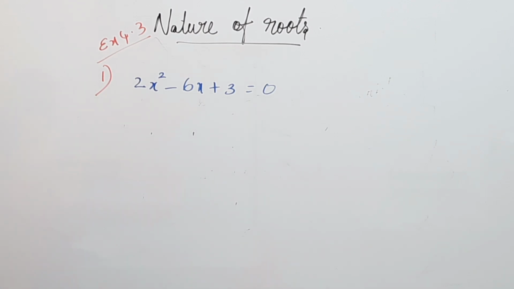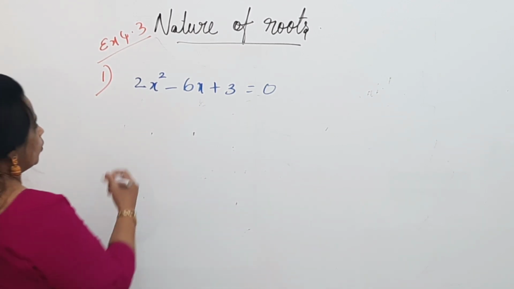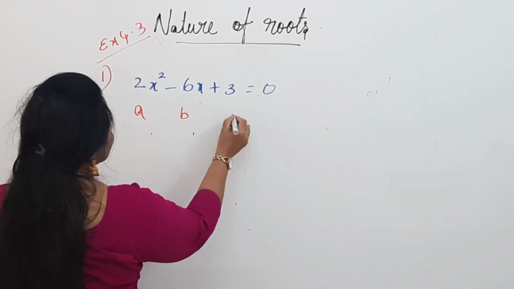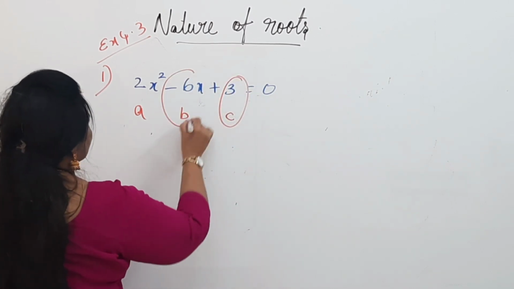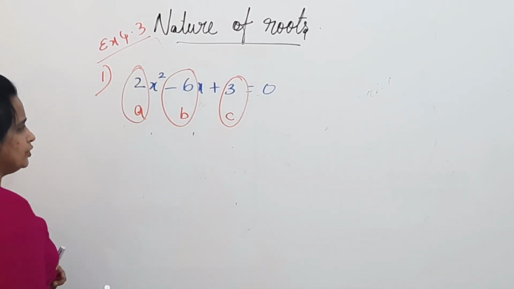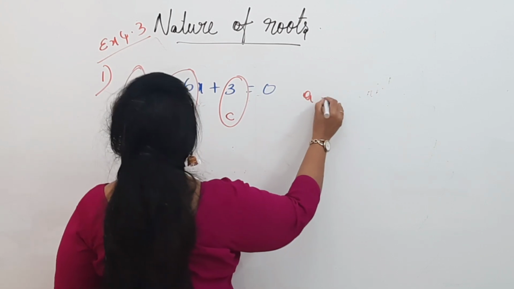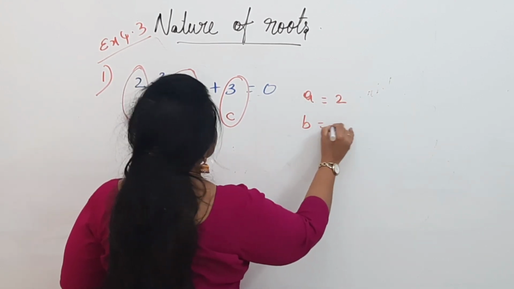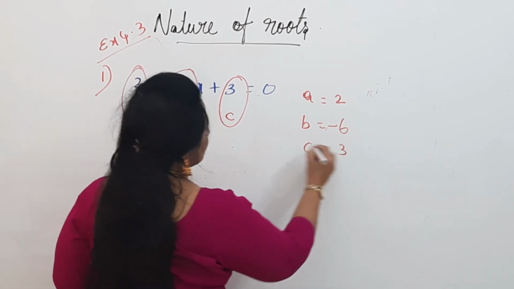Now please write what is A, what is B and what is C. Very important, B, C. Now see, you can mark like this also, not an issue at all. And write A is equal to 2, B is equal to minus 6, C is equal to 3.